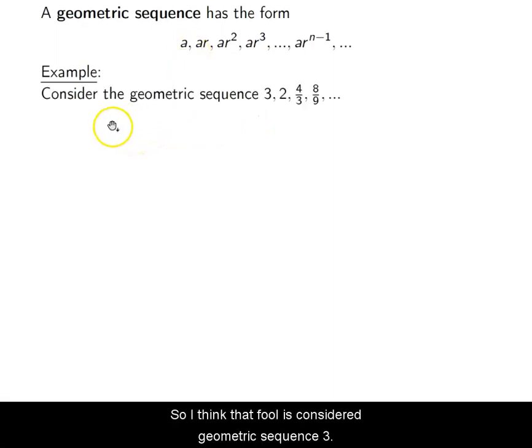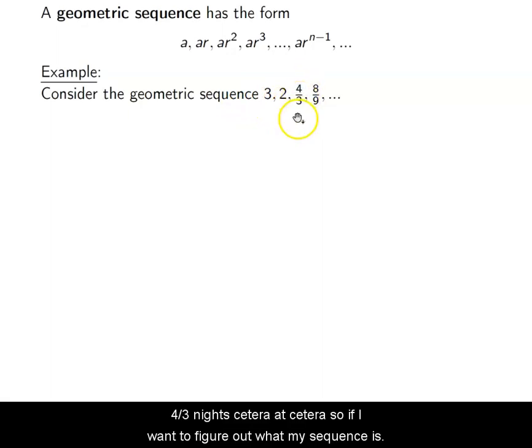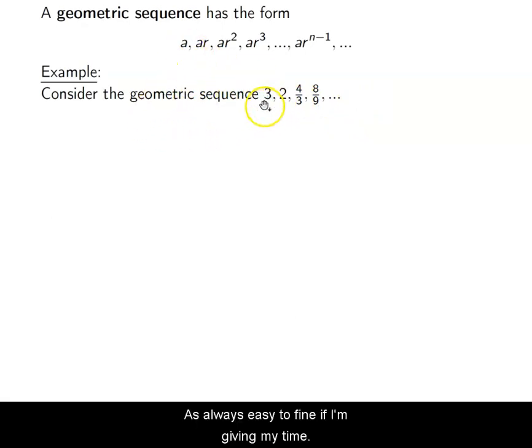As an example, let's consider the geometric sequence 3, 2, 4/3, 8/9, etc. If I want to figure out what my sequence is, a is always easy to find if I'm given my terms. It's the value 3. If I want to find r, I know that the difference between the first term and the second one is that I'm multiplying it times r.